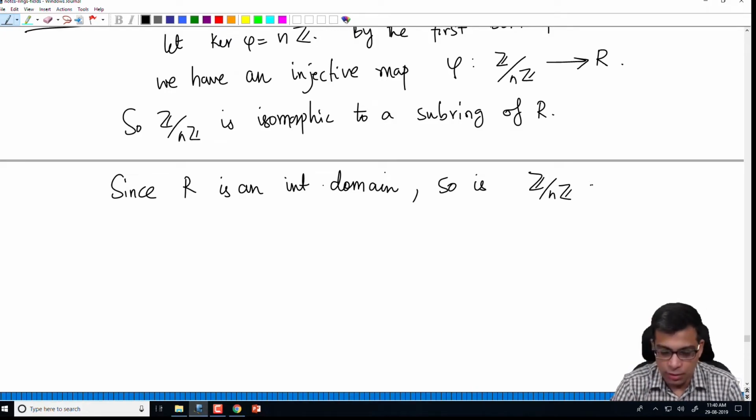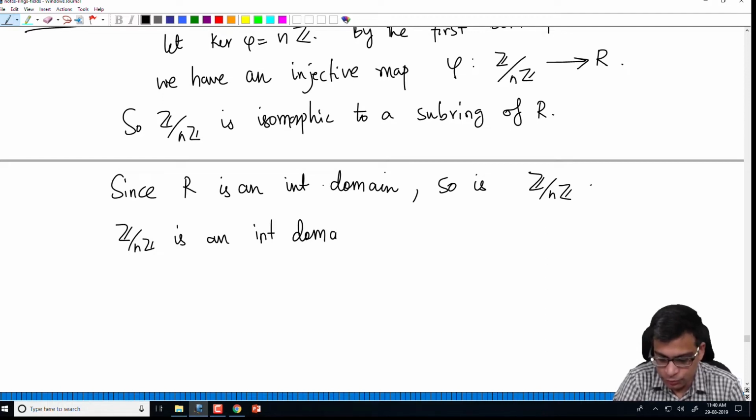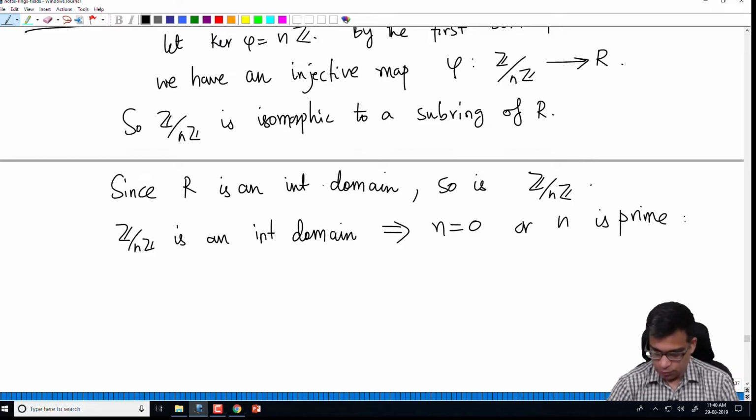But then Z mod NZ is an integral domain, which is what we just concluded. This implies that n is 0 or n is prime. This is something that I discussed when I talked about integral domains. The quotient ring Z mod NZ is an integral domain only if n is 0 or n is a prime number.